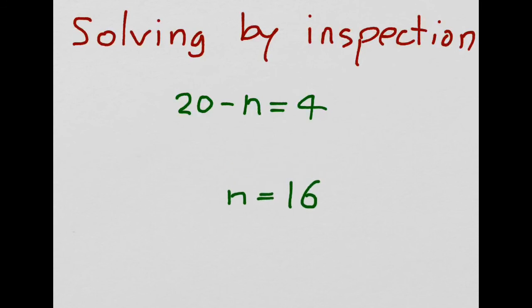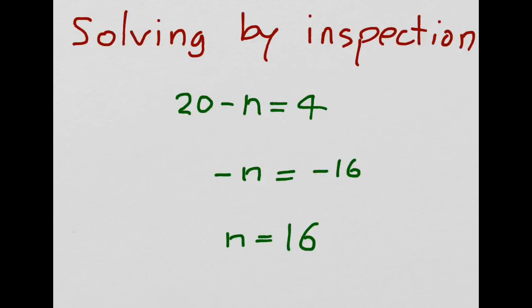Now, why can't we do that easily using our inverse operations? You can, but it's very difficult, because to get this phrase 20 minus n, starting with n, first you have to multiply by the number -1 to turn n into -n, and then you have to add 20 to get 20 minus n.